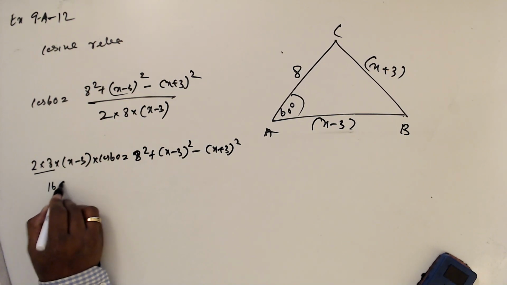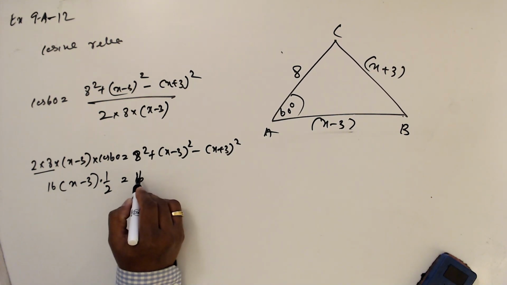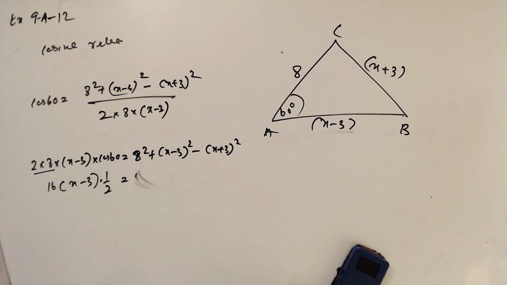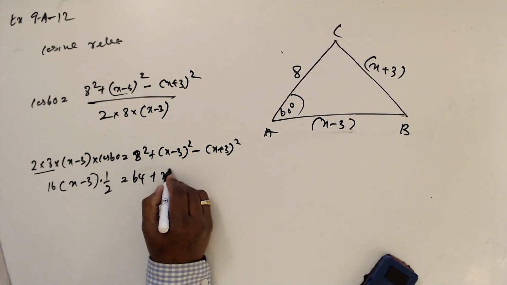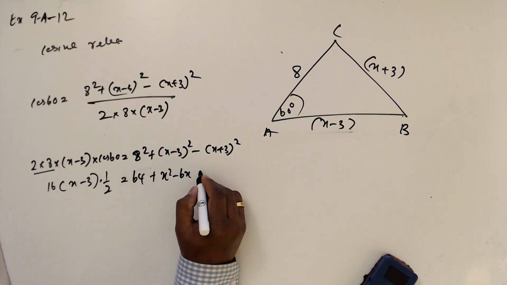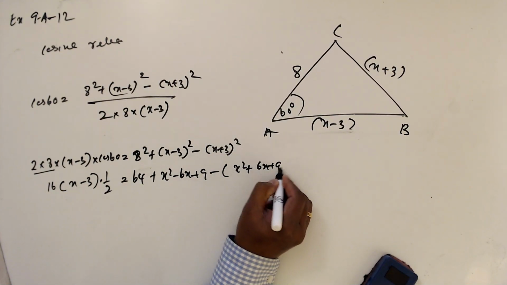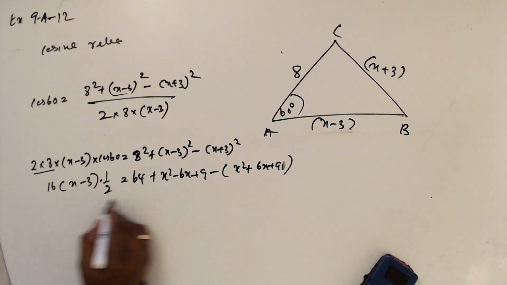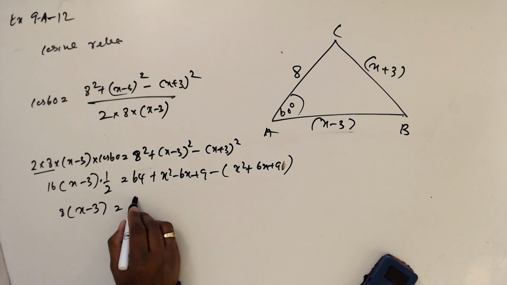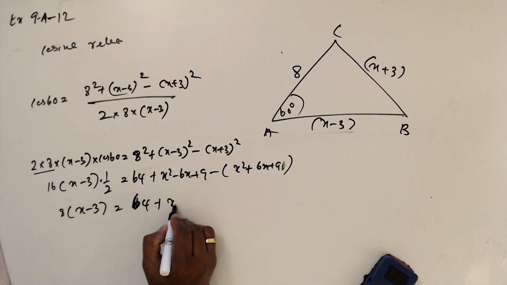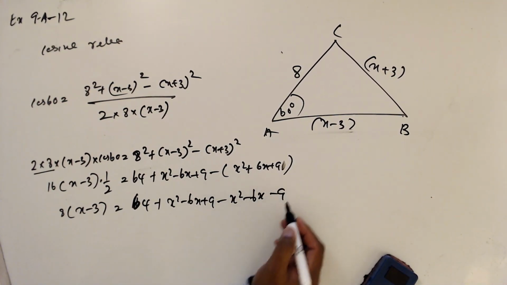This is 16(x minus 3), and this is half, equal to 64 plus x squared minus 6x plus 9 minus x squared minus 6x minus 9.